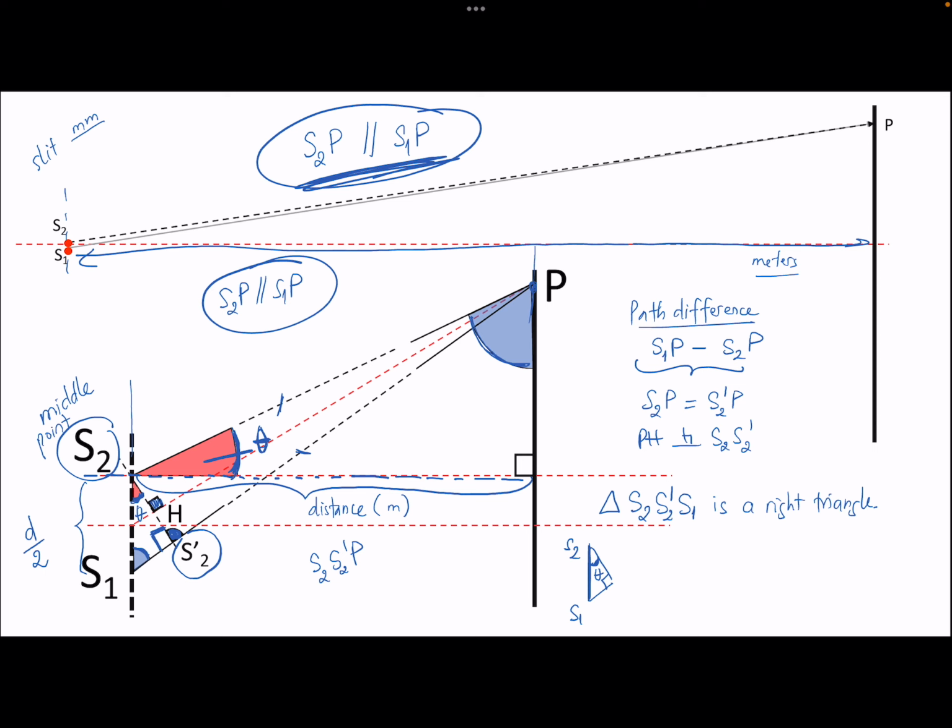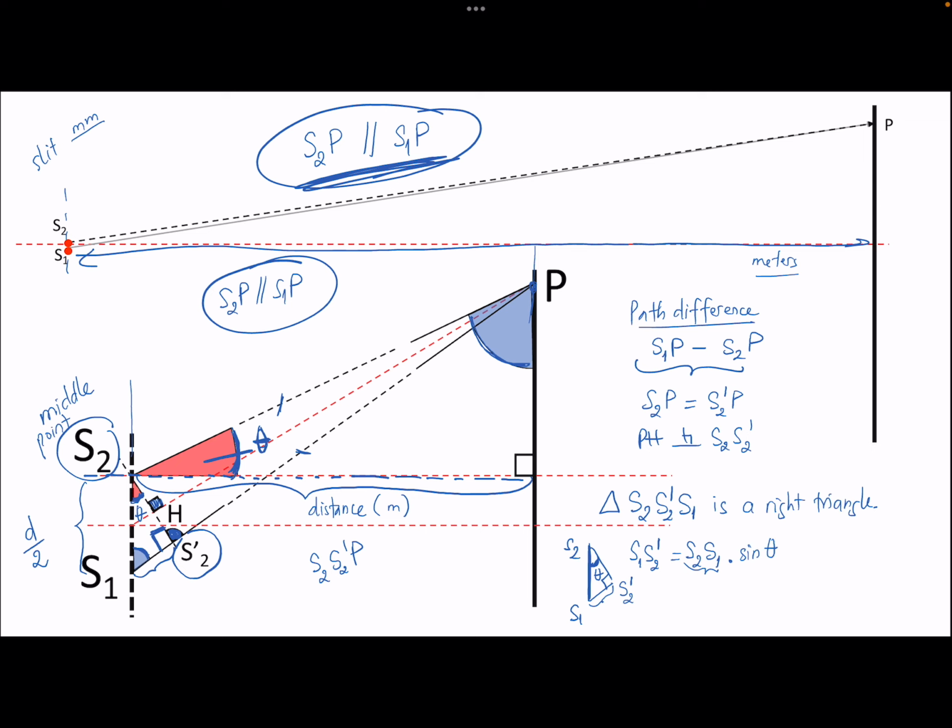Now in our triangle S1, S2, S2 prime, we have the hypotenuse S2S1 and this angle theta. The path difference, S1S2 prime, is one side of the right triangle, so it should equal the hypotenuse times the sine of the angle opposite to it.